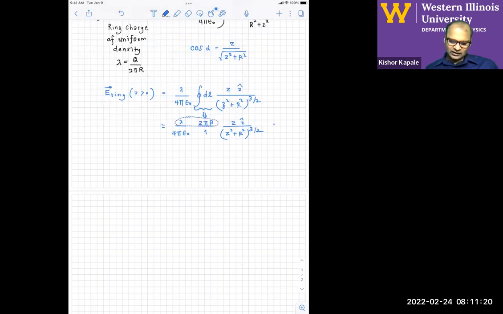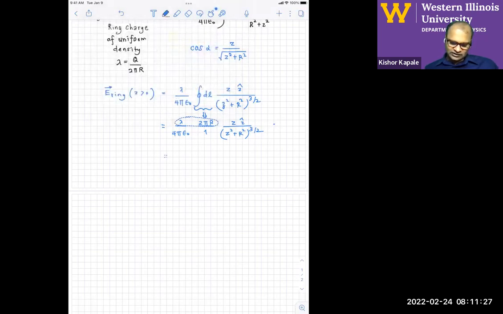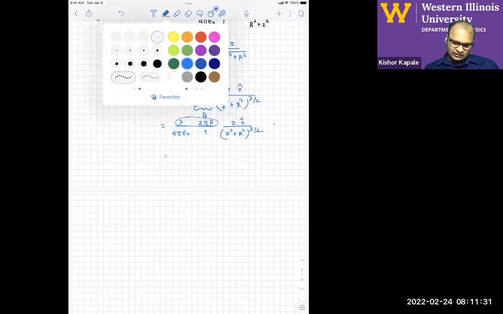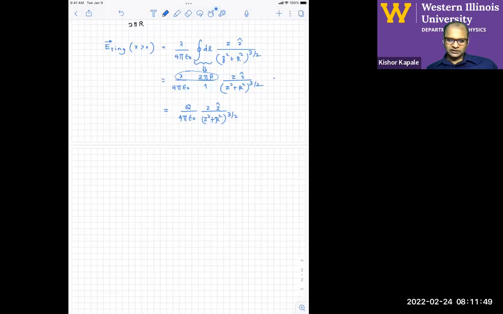Lambda times 2 pi r is going to be q, right? Everybody agrees, hopefully. And so what we get here is q over 4 pi epsilon 0 z hat over z squared plus r squared raised to 3/2. Okay, so it just depends on the total charge.